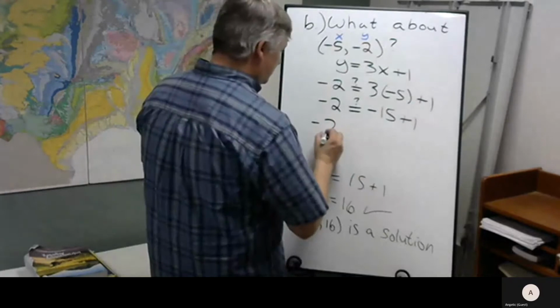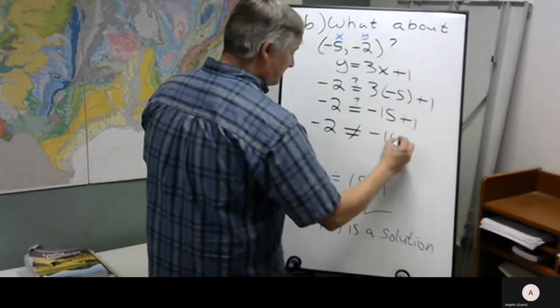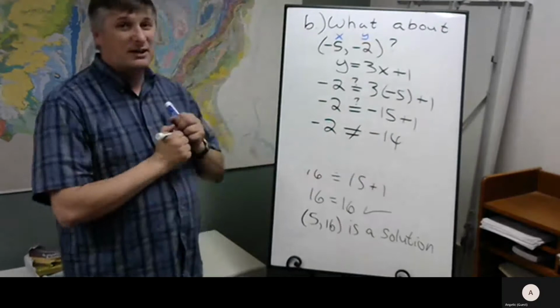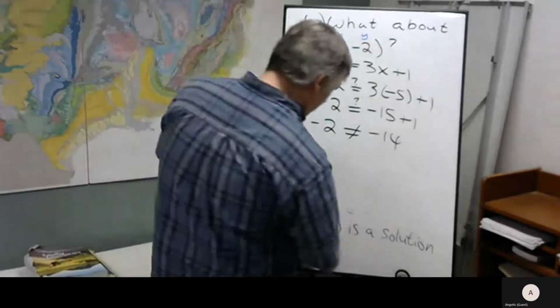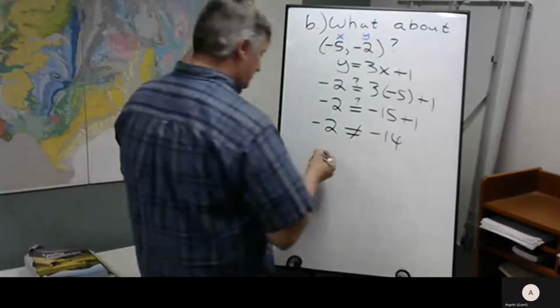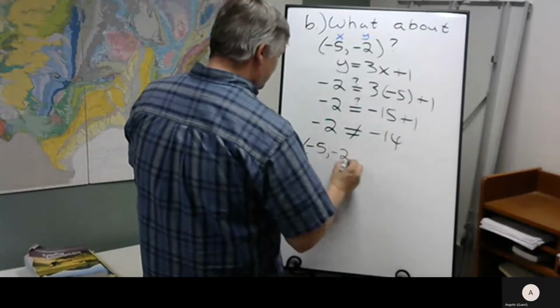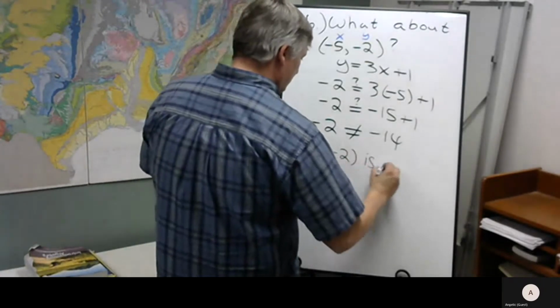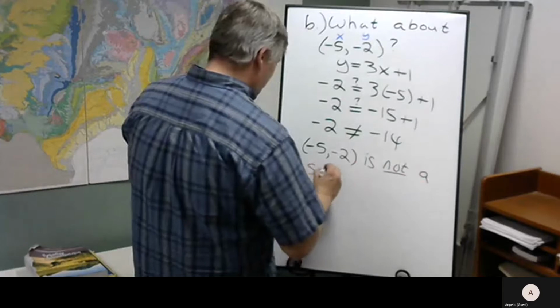Well, it turns out this is -14. Those are not equal. They're not the same number. So this means -5, -2 is not a solution.